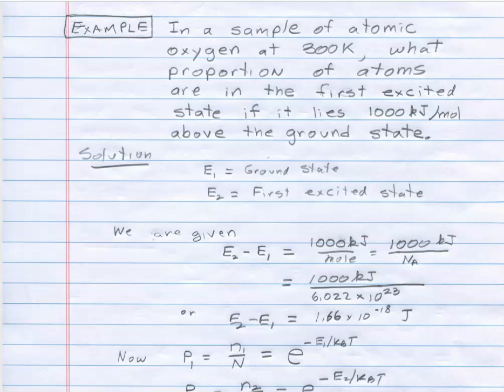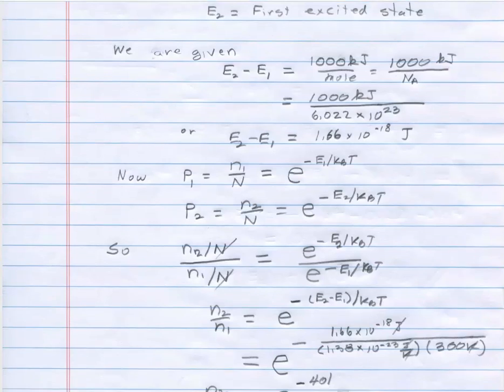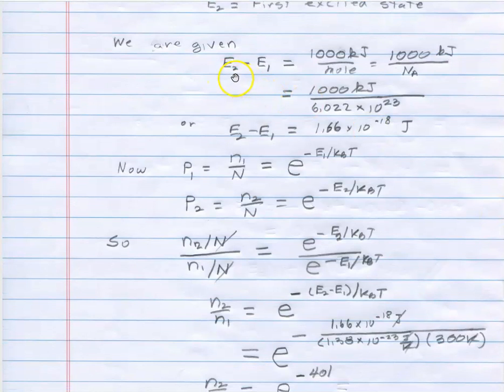And what we're given is, in this one, that E2 is 1,000 kilojoules per mole above E1. So if I take E2 and subtract E1, that's got to be equal to 1,000 kilojoules per mole. And we need to get that into just energy.